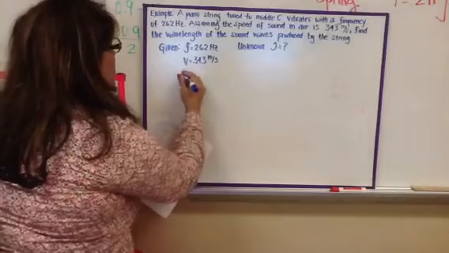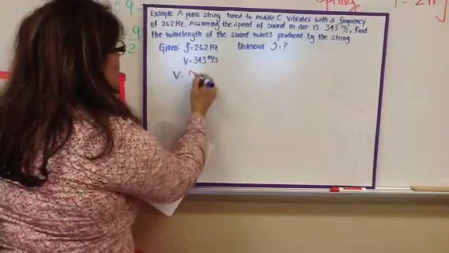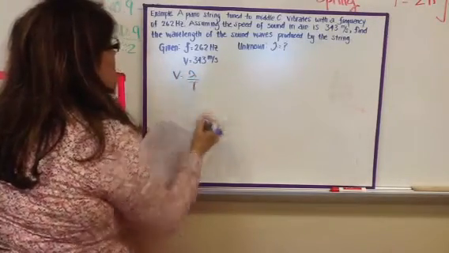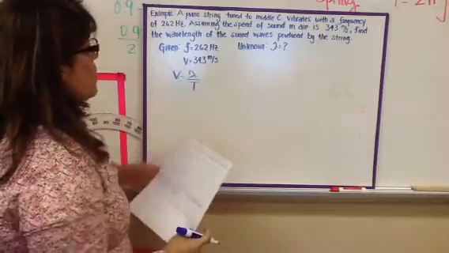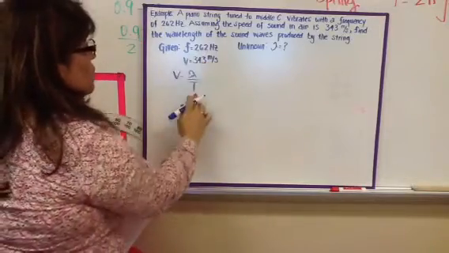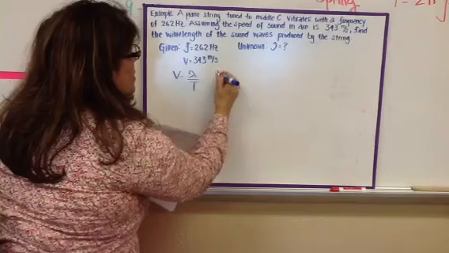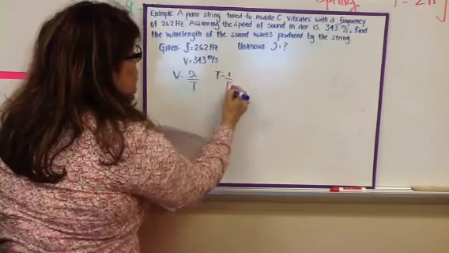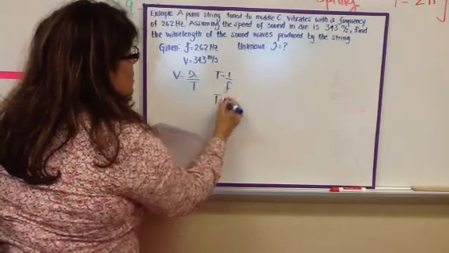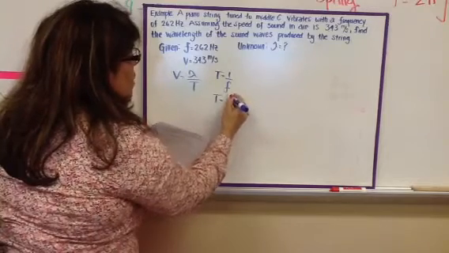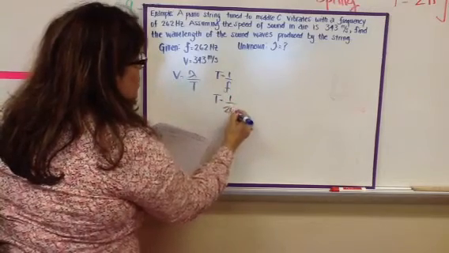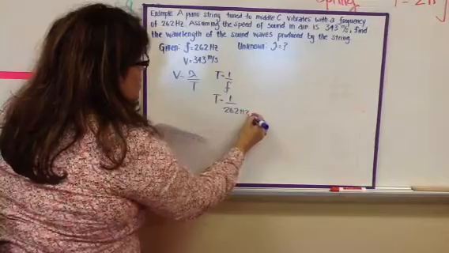Well, we know that the velocity is equal to lambda over the period, and we're looking for lambda. We don't know T, but we also know that T is equal to 1 over the frequency. So our T is equal to 1 over 262 hertz.